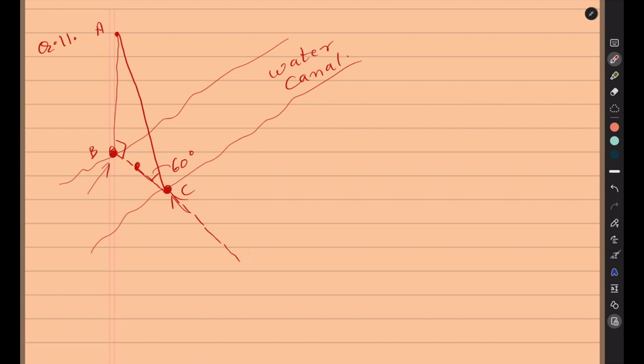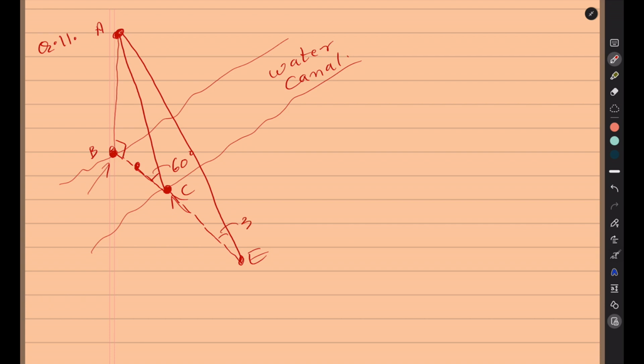So this whole line, for example, we call BE. This is the line it is talking about. The angle of elevation of the top of the tower is 30 degrees.